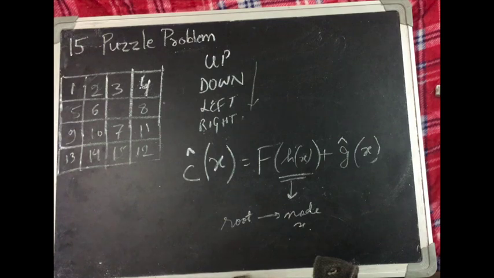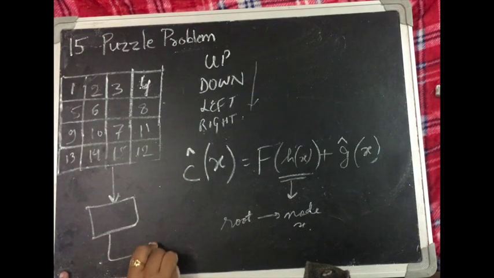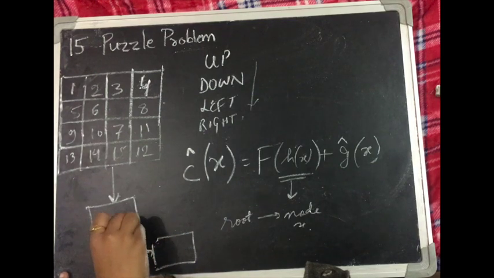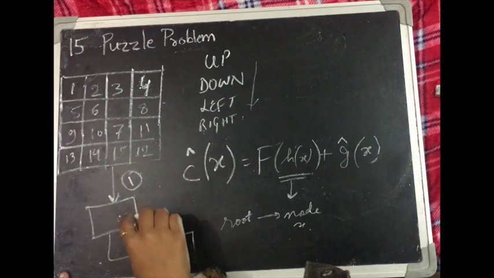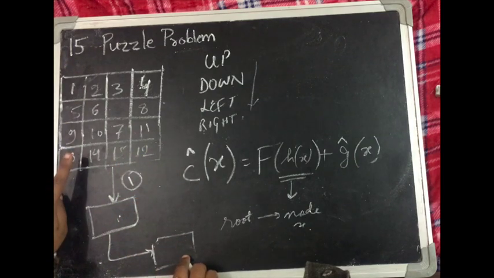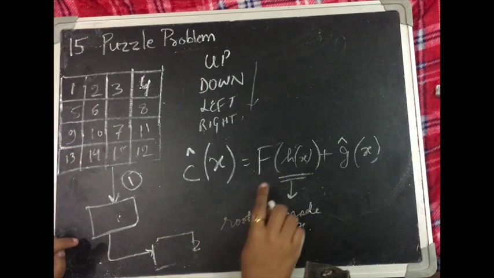Suppose I make one more level over here, then one more level over here. To reach this node from the root node, what is my effort? 1, because only one level. To reach this node from the root node, what will be my effort? 1 plus 1, that is 2. So basically that is h of x.